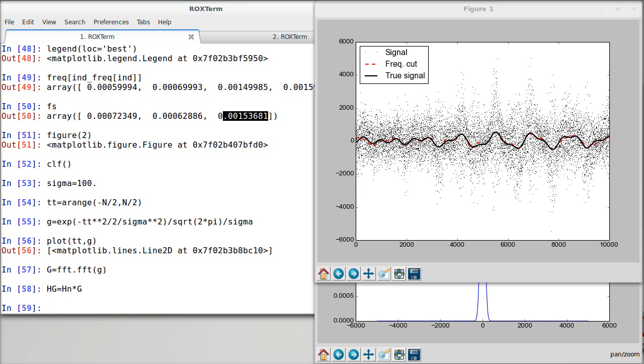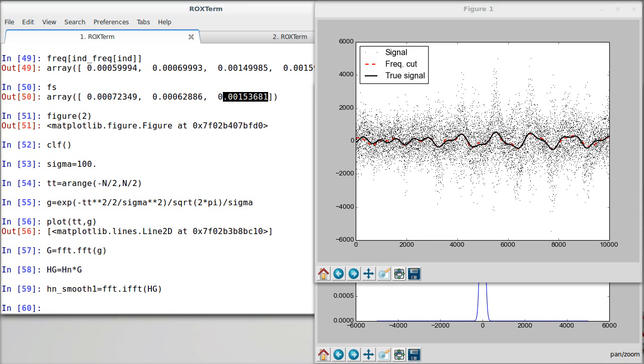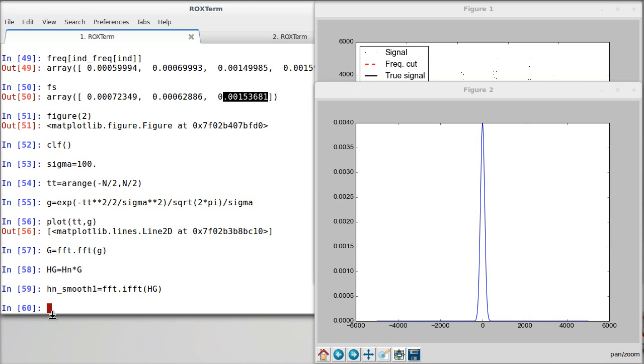Of course, this is in Fourier space, or in frequency space, so we want to transform back. So let's call this hn smooth 1. And this will be the inverse Fourier transform of our convolved signal. So let's not overwrite our original signal.